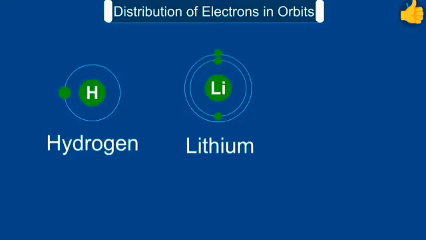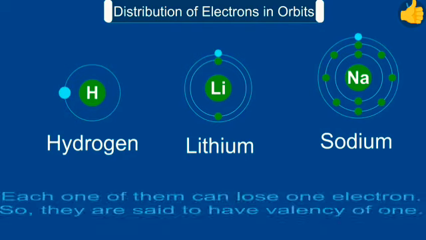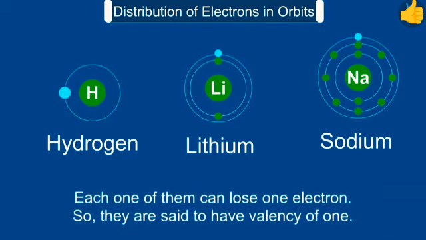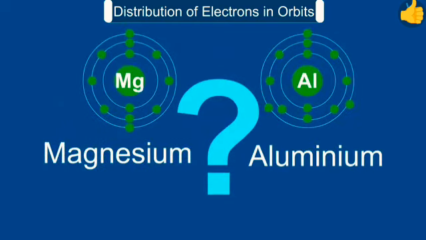Hydrogen, lithium, sodium atoms contain 1 electron each in their outermost shell. Therefore, each one of them can lose 1 electron. So, they are said to have a valency of 1. Can you tell what is the valency of magnesium and aluminium?